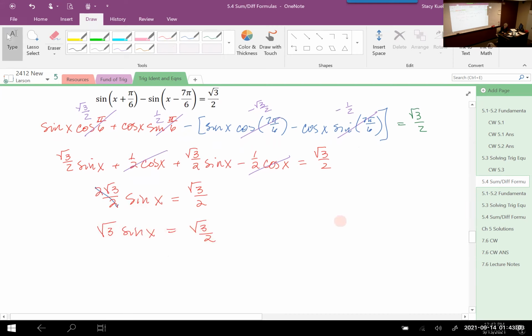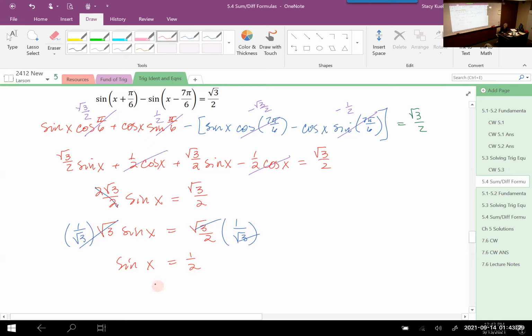Now, I want to divide both sides by the square root of 3, correct? Uh-huh. So I'm going to multiply both sides by 1 over the square root of 3. And that gives me sine x is equal to 1/2.